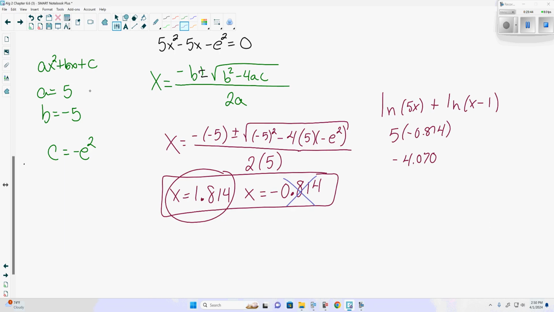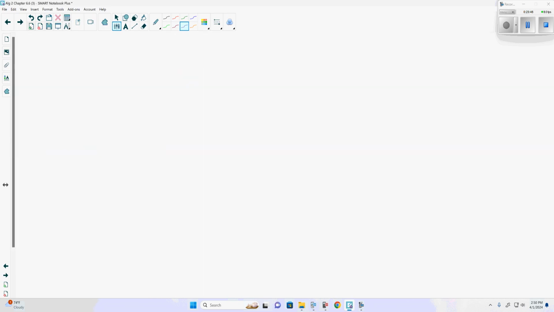And part of the reason for this is we'll just take here ln of 5x equals y. If I wrote it in exponential form, where you do e and e, those would cancel. 5x is equal to e to the y, yes? Well, again, we said that this value here cannot be, let's just say, 0.